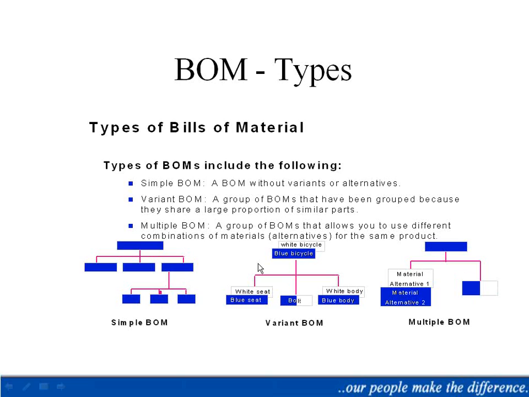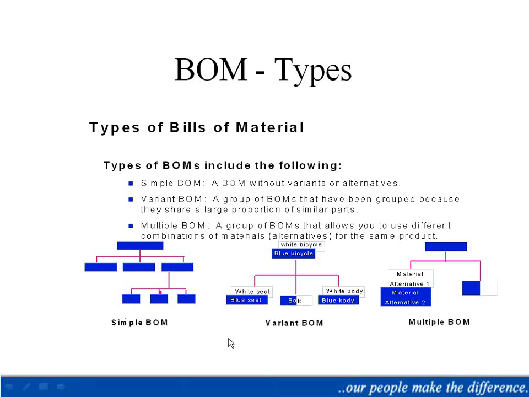The variant BOM is a bit different. In the case of the variant BOM, your output differs. Output differs in the sense that your final product is not exactly the same, but they have similarities. The best example for that is cars of a different color or bikes of a different color. Suppose, for example, I go for a Hero Honda Splendor in blue color, and I go for the same Hero Honda Splendor, same capacity, in red color.